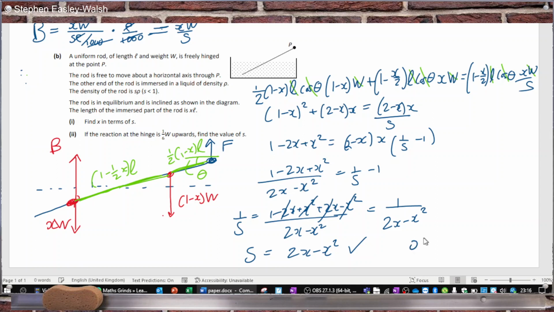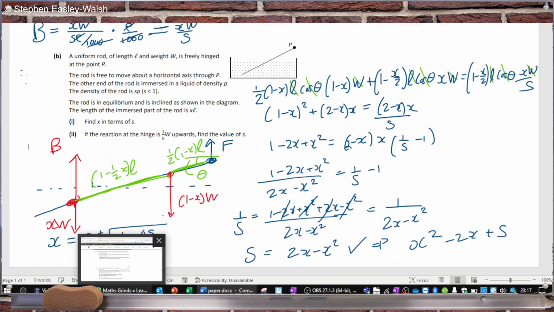So that would be x squared minus 2x plus S. Quadratic formula. X equals minus b plus or minus the square root of b squared minus 4ac all over 2a.